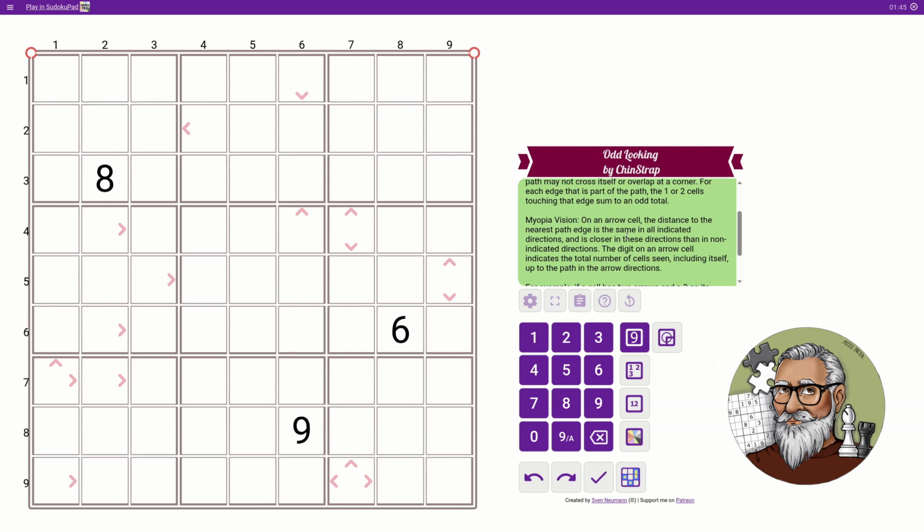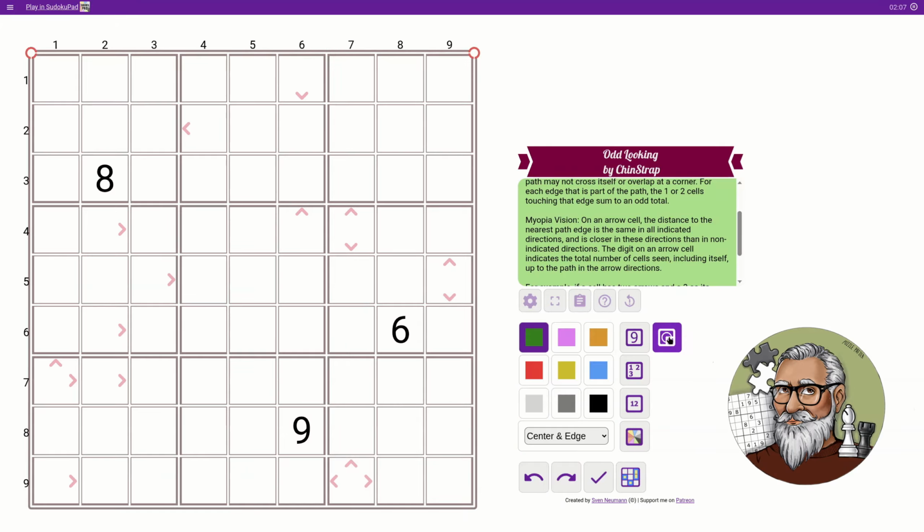Myopia vision. On an arrow cell, the distance to the nearest path edge is the same in all indicated directions. Okay, right. So the distance from this side is going to be the same as this side. Here we have 3, so in all 3 directions, if the path passes here, well, green is okay.